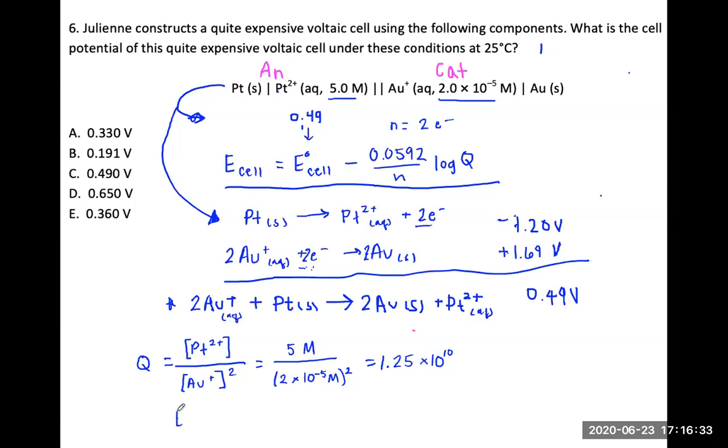So our non-standard cell potential is going to be equal to our standard cell potential, which is 0.49 volts, minus 0.0592 divided by n, which is 2, times the log of Q, which is 1.25 times 10 to the 10th.